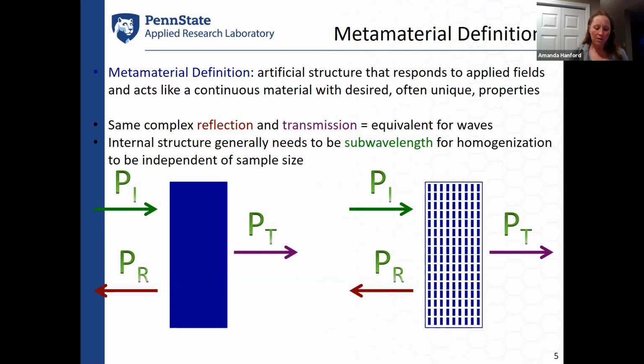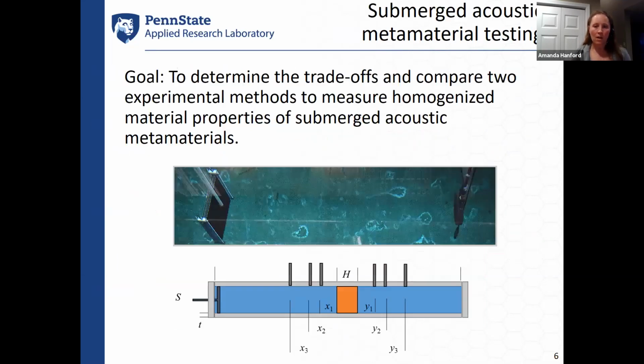We're interested in metamaterials underwater in this example. I'm going to explain a little bit about how we've done some testing to extract metamaterial material properties in an underwater environment, which poses an interesting challenge.